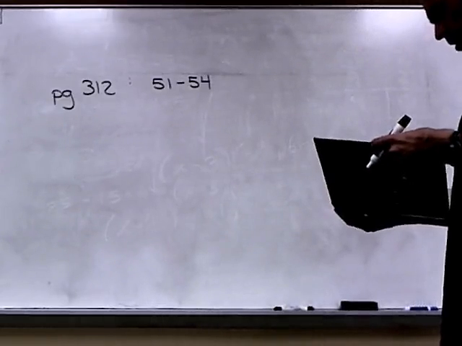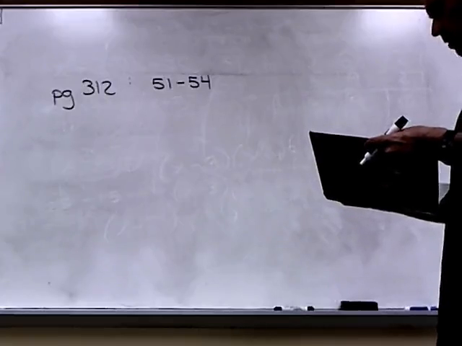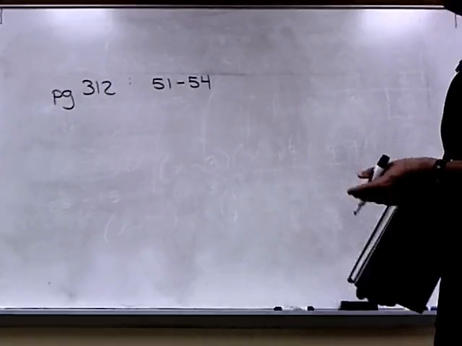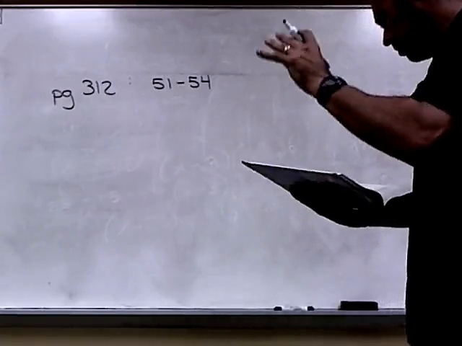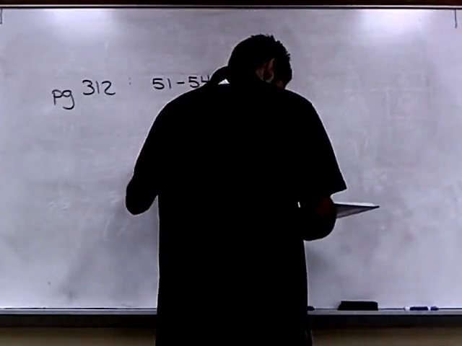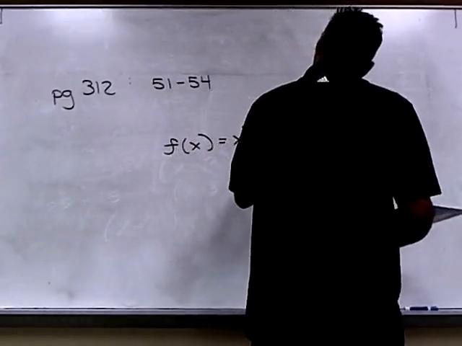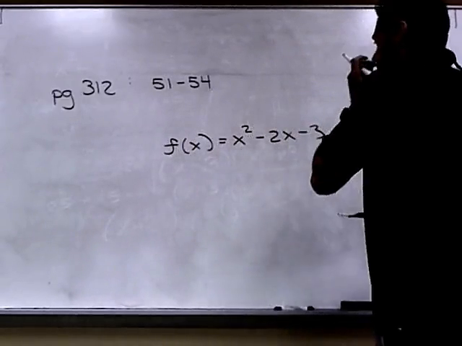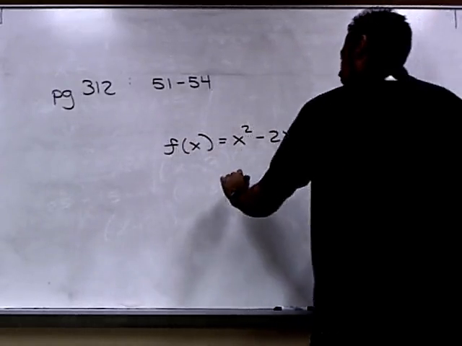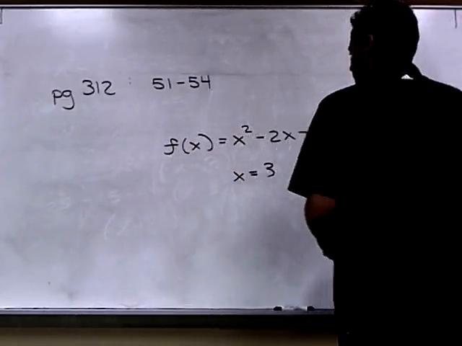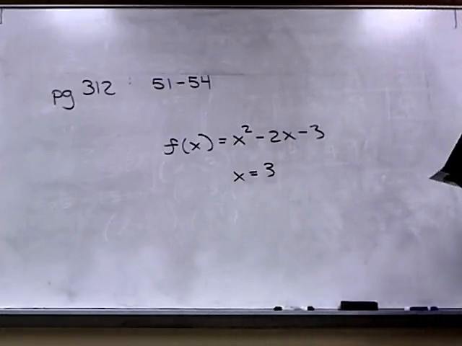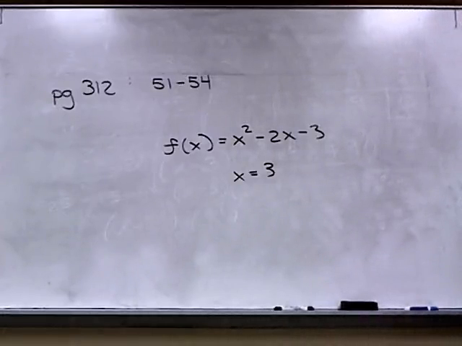That's not a whole lot, but all they're asking in these problems is something like this. Because I didn't do this on the board, I want you to see what they're asking. They give you a function like this, and then they say x equals 3, and they say use the factor theorem to show that the given value is a 0 of this function.